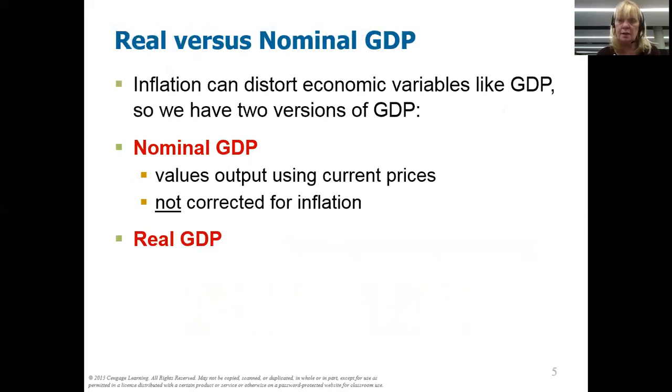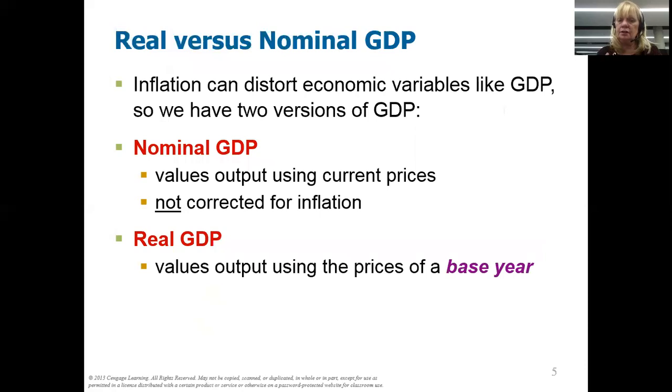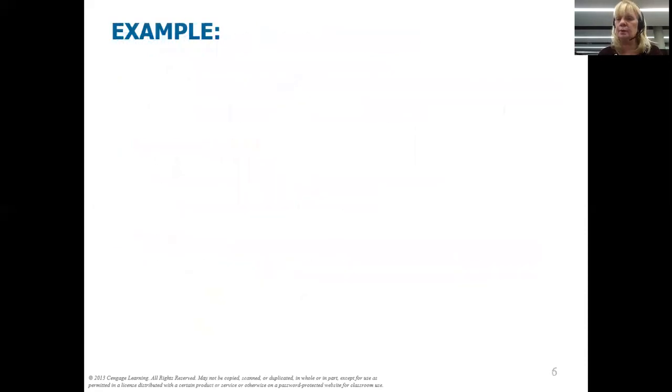Real GDP, on the other hand, uses the value of output based on the prices in a base year. So we use the price in the base year times the quantity in the current year. So we can tell that we've produced more, whether or not prices have changed, and it's not distorted by changes in prices. And this is corrected for inflation. So let's look at an example. I think it'll make more sense when you start looking at it.